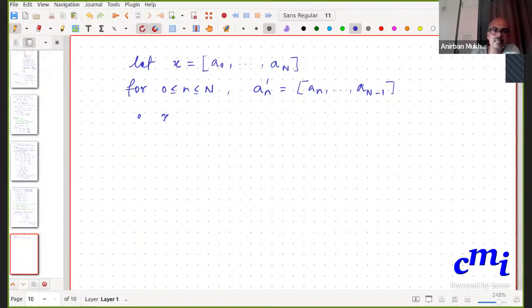As you can see, x is a0 dash, because if you take the first complete quotient, you get the full continued fraction. It is x.